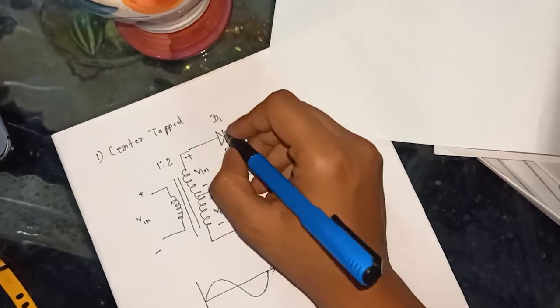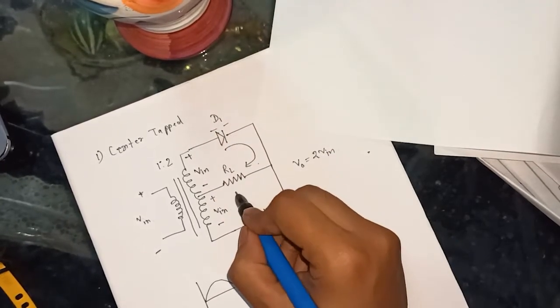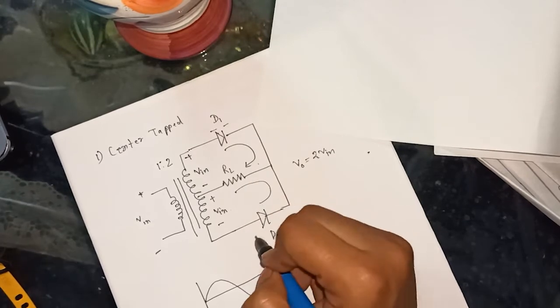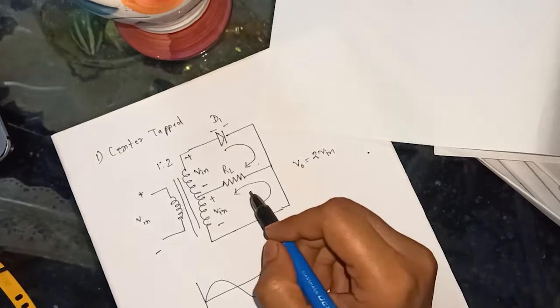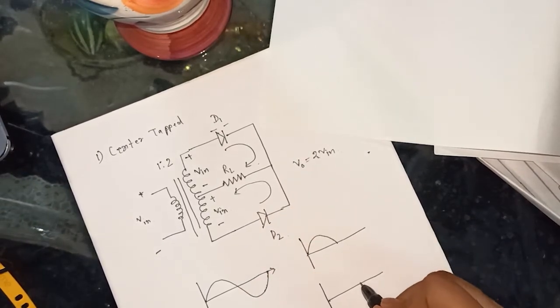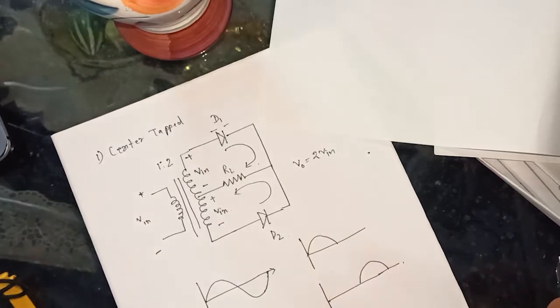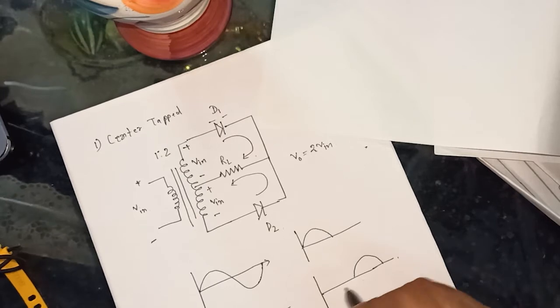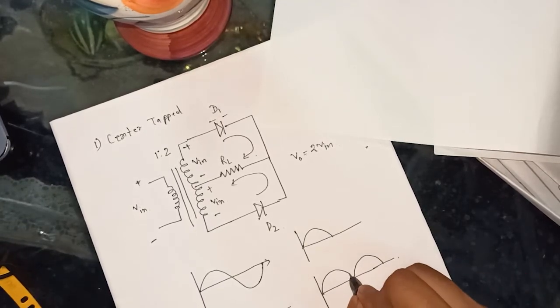So the diode D1 is off, and the current passes through this diode. In negative half cycle, we get output like this, and when we combine the full cycle, we get the output like this.